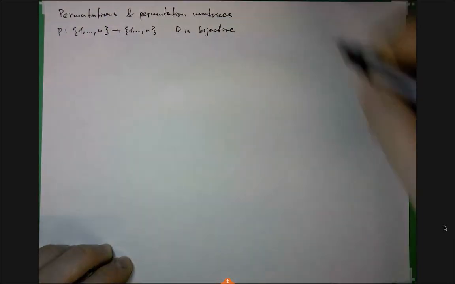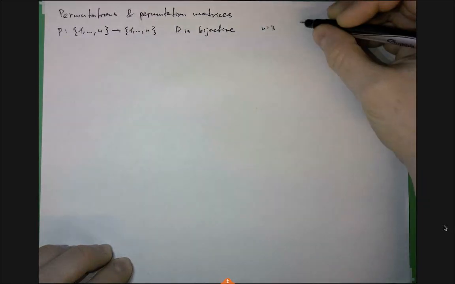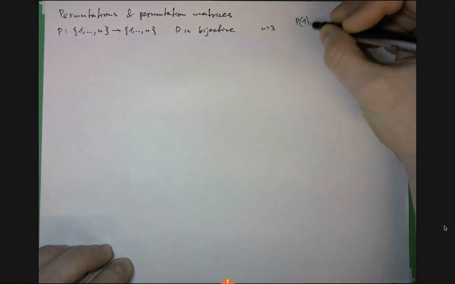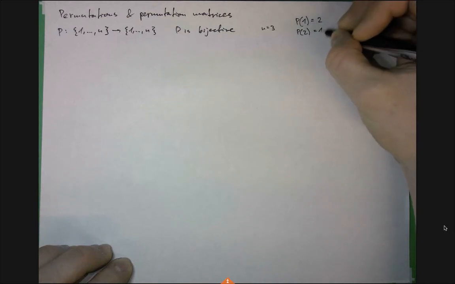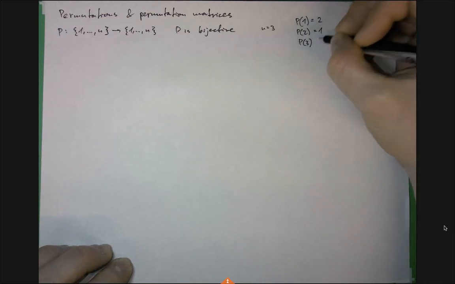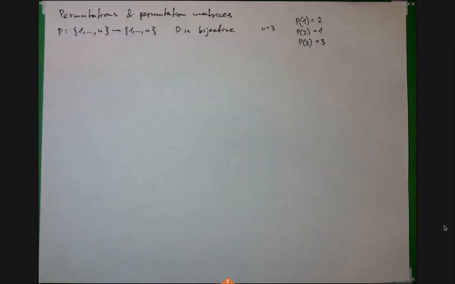For example, if n was 3, P1 has to map somewhere, for example to 2, P2 has to map somewhere else, and P3 is also something. So this would be an example of a permutation on three elements. Does it ring any bell, permutations?